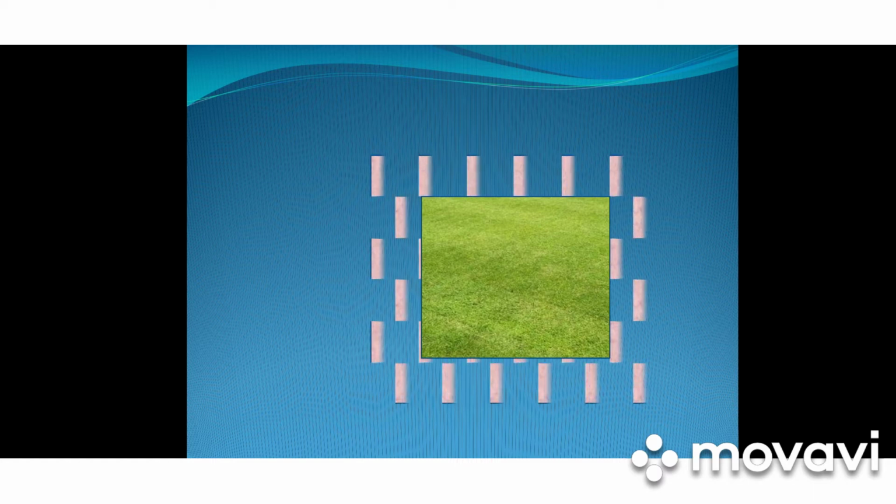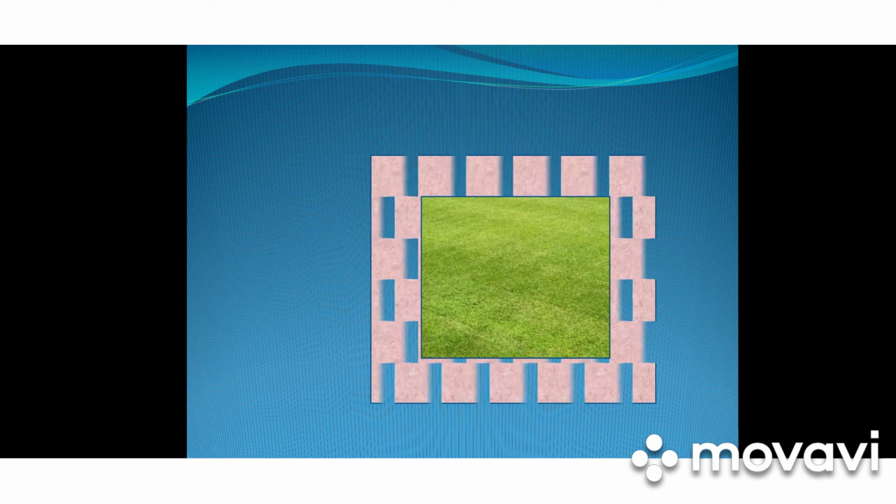I discussed just now with you, this is my square lawn. I wanted to construct a path around it outside with tiles. You can see in the slide. The slide shows one more square which is around outside my square lawn.